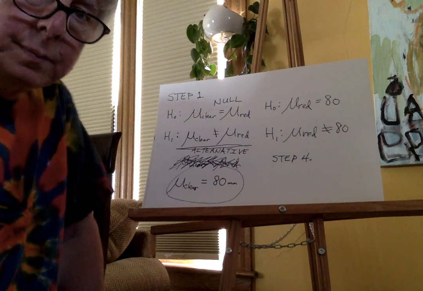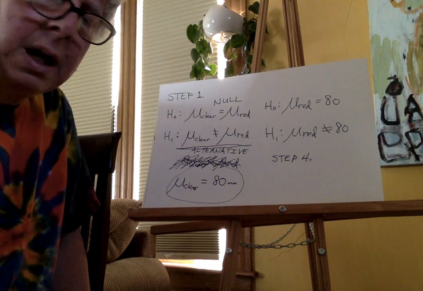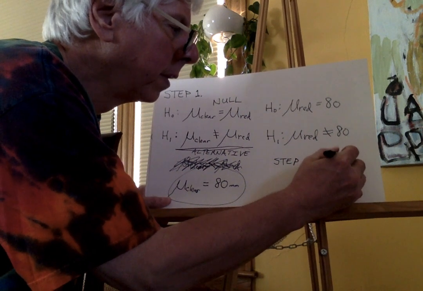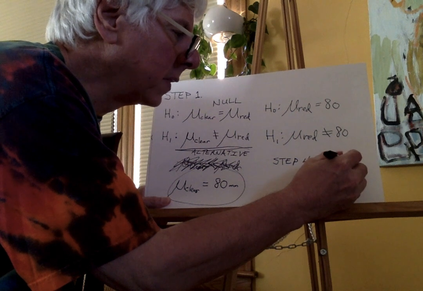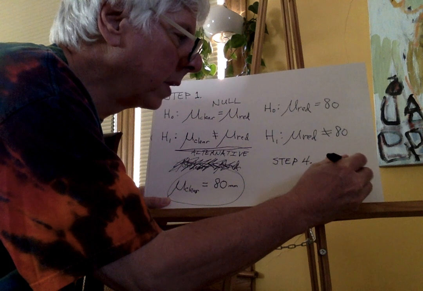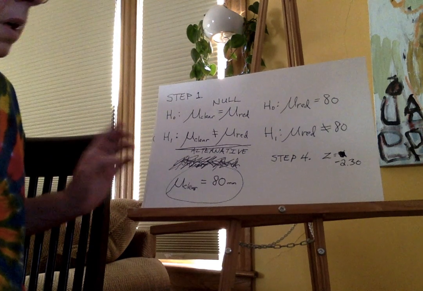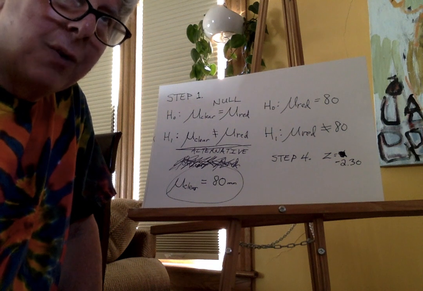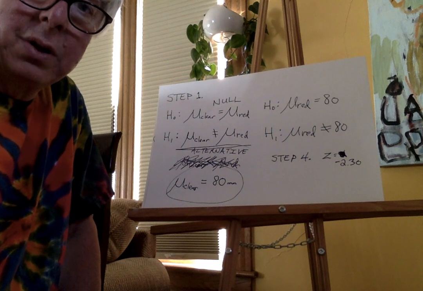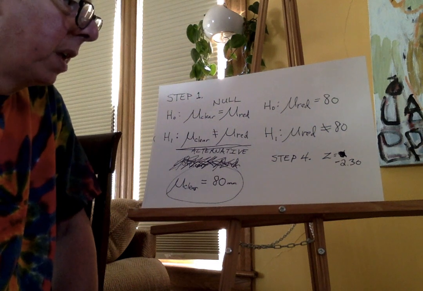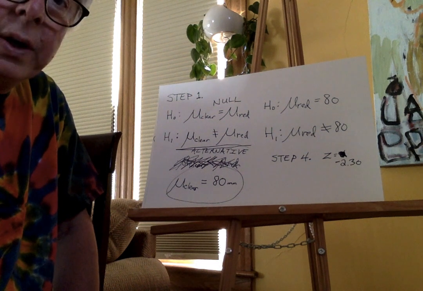Okay? So based on our data, our red food coloring group would have a z-score of minus 2.30. If that group was on the clear distribution, on the null distribution, it would look very weird.